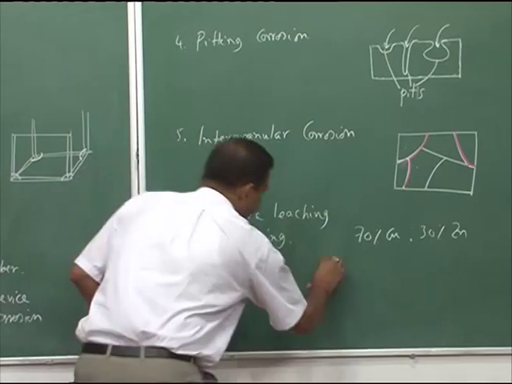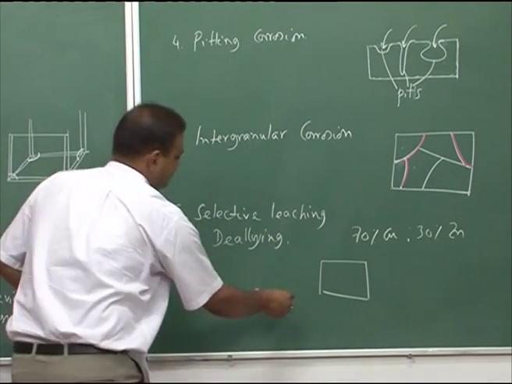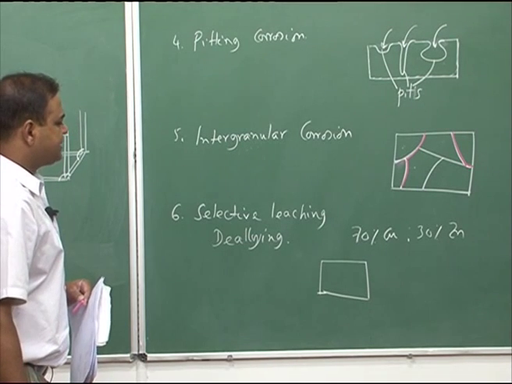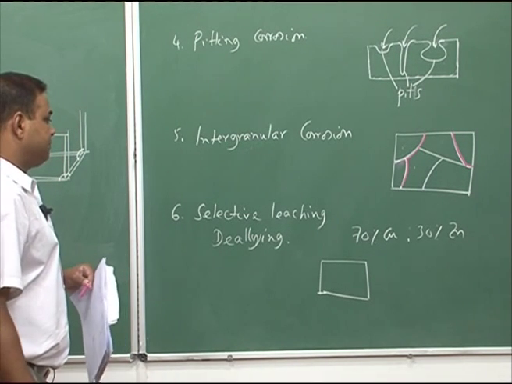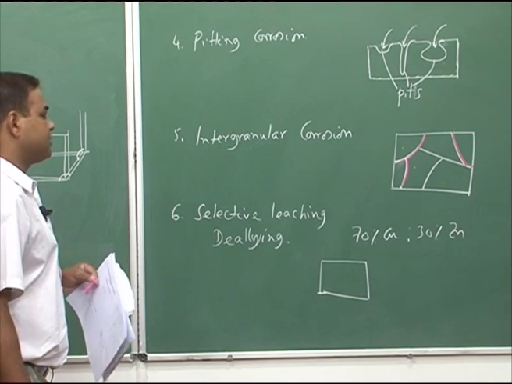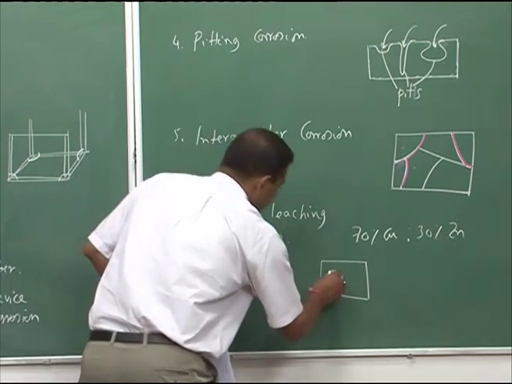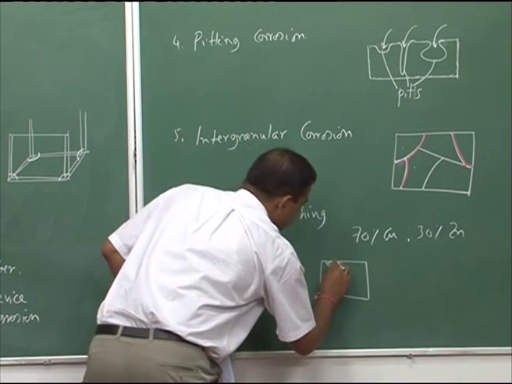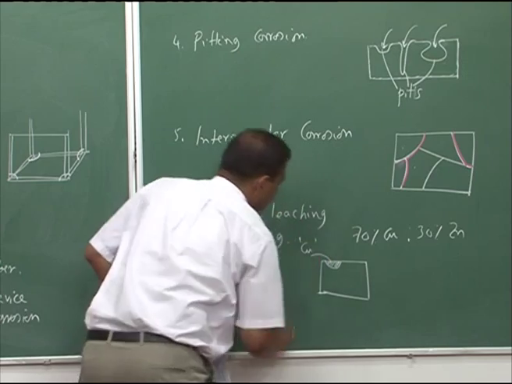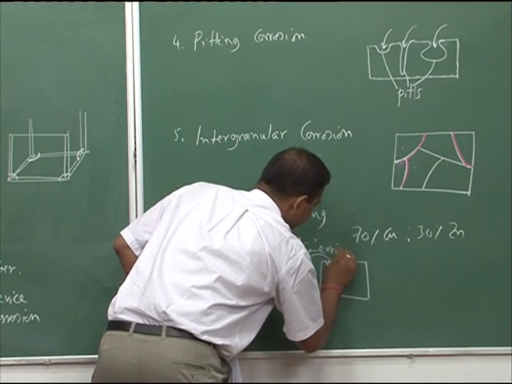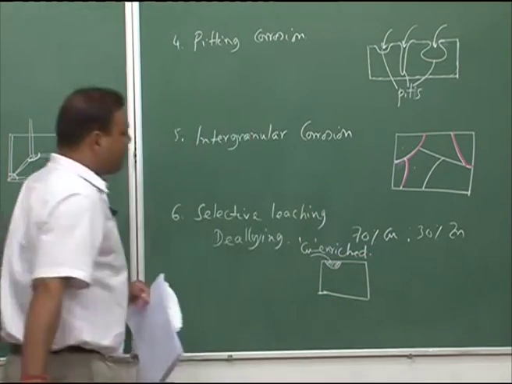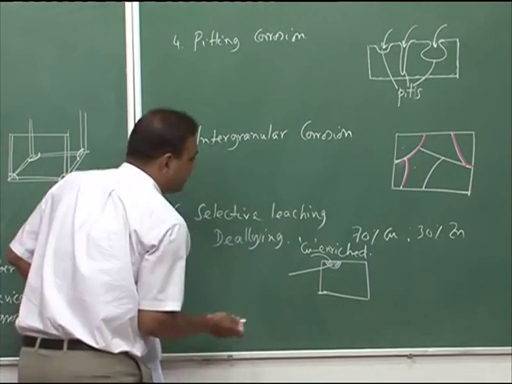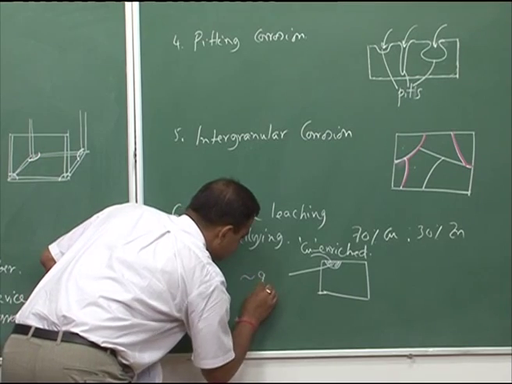If we have a brass material and we expose it to, let us say, some mildly acidic solution, we will see that this part will be enriched in copper, and the copper concentration in this part can go even to 90%.